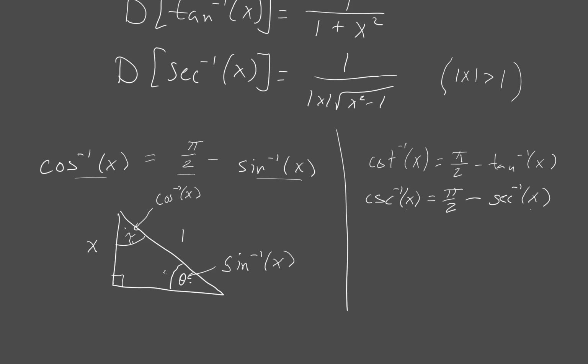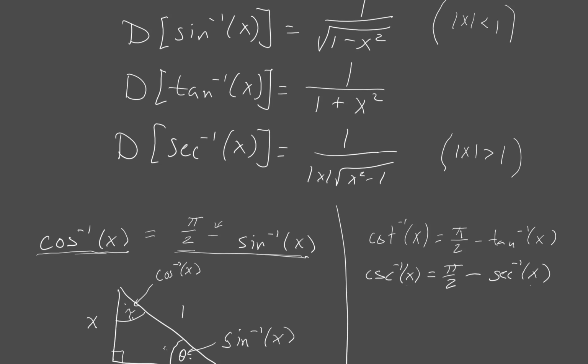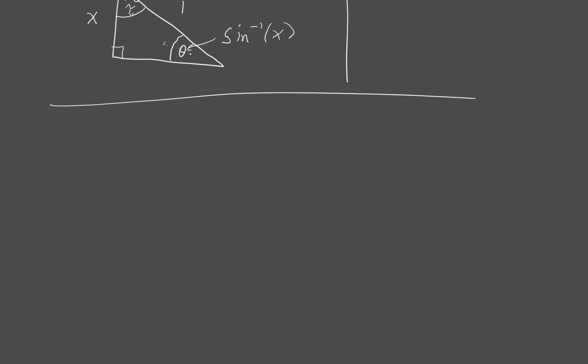Okay? And so if I want to find the derivative of the cosine inverse, I'm going to take the derivative in this sense, which just adds a minus sign to my derivative up here. Same thing for all of these. The derivative of the sine inverse and the derivative of the cosine inverse are negatives of each other. The derivative of the tangent inverse and the derivative of the cotangent inverse are negatives of each other. The derivative of the secant inverse and the derivative of the cosecant inverse are negatives of each other. So let's write those down.